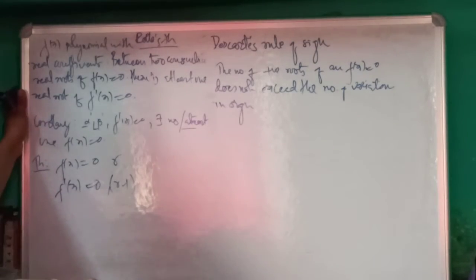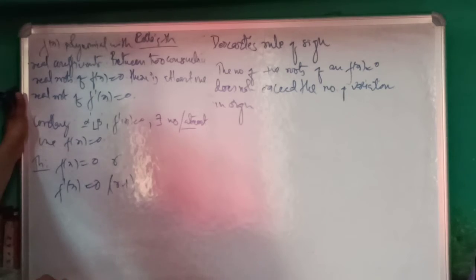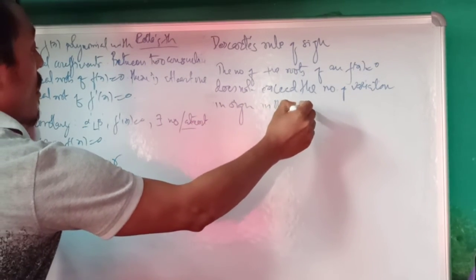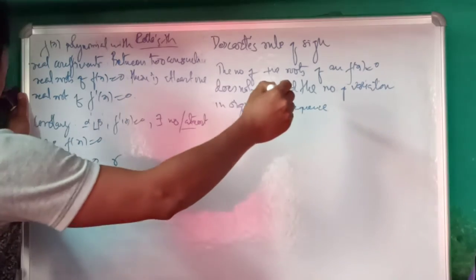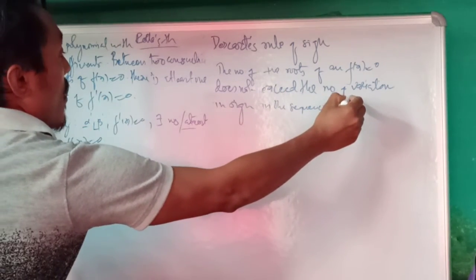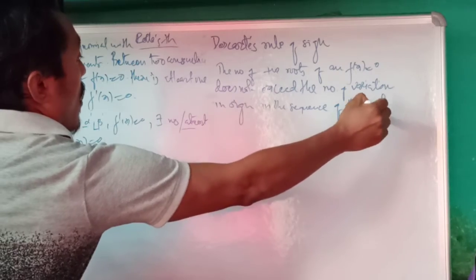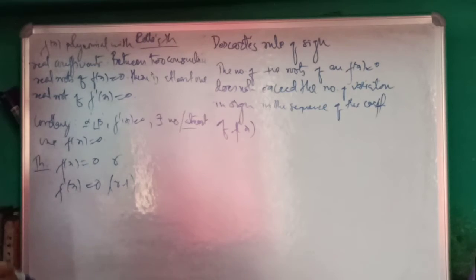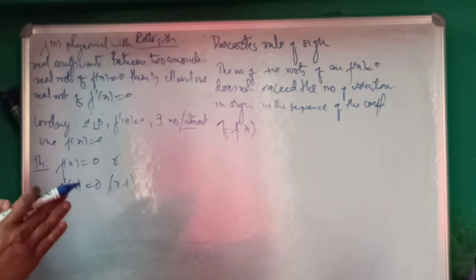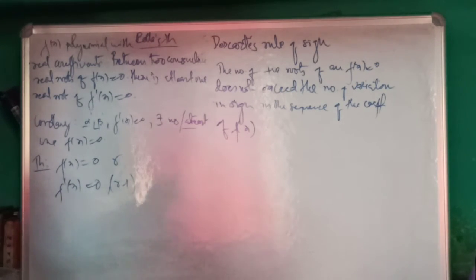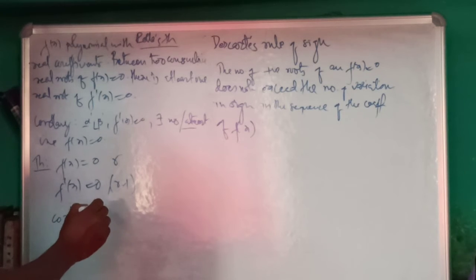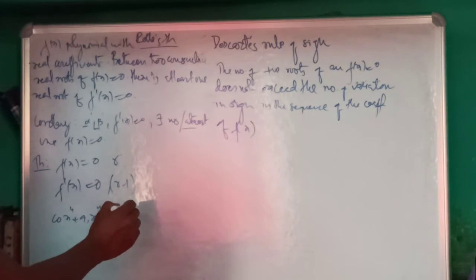Plus to minus, minus to plus: a change in sign in the sequence of the coefficients of f of x. The sequence of coefficients is whatever the question has given, in this way: a0 x to the n plus a1 x to the n minus 1 plus a2 x to the n minus 2, and so on.